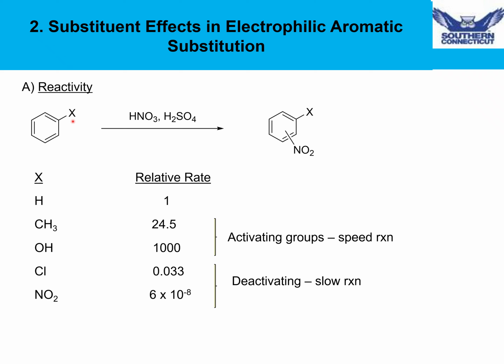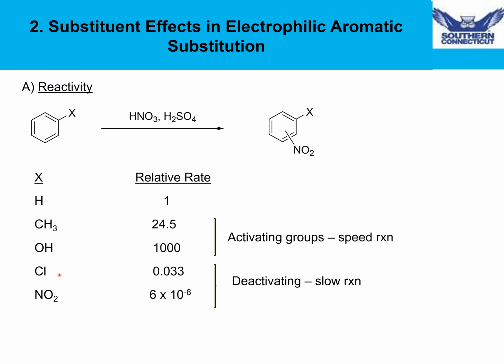When we introduce a methyl group there, in other words, we're using toluene, the reaction is almost 25 times faster. When we use phenol, the reaction is about 1,000 times faster, so we consider a methyl group and a hydroxyl group activating groups. In other words, they speed up the reaction. They activate the aromatic ring in terms of the electrophilic aromatic substitution reaction.